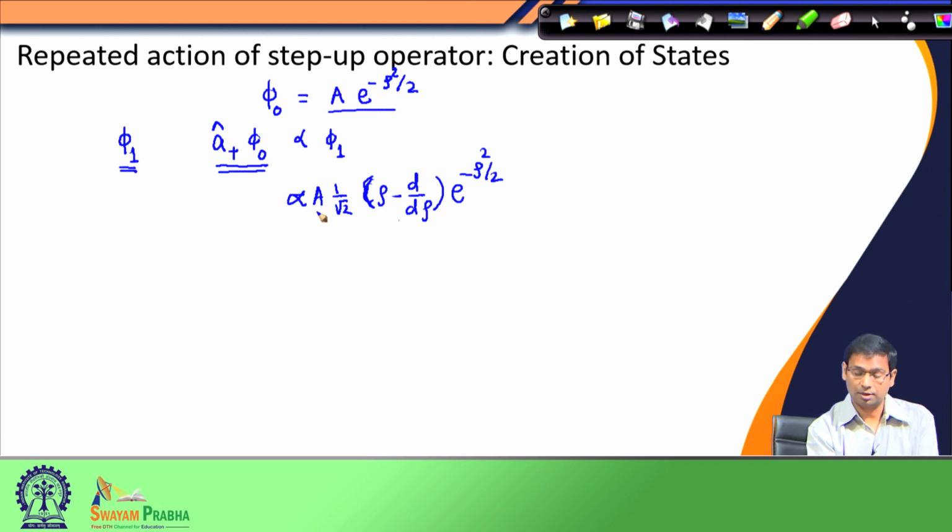It is important for you to realize that rho is an operator whose action is simply multiplication, but d by d rho is a differential operator. So I have to differentiate the function that comes after this operator with respect to rho. Now I have some normalization constant, and I again have to renormalize this new function. So instead of using this proportionality, I am putting all these constants into a new constant, which I am calling A1.